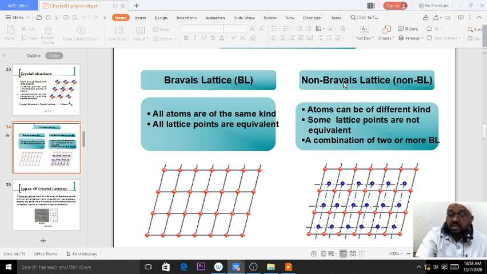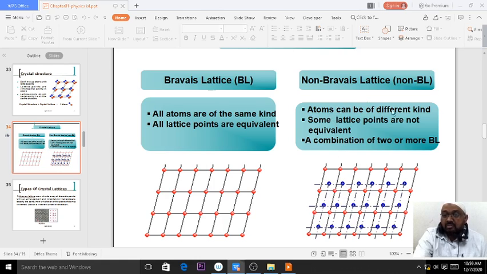So what are non-Bravais lattices? This case is not valid for every solid material, so there may be some different aspects also. Here the atoms can be of a different kind. These atoms are arranged in an ideal manner, but again there is a possibility that you may have another lattice point or atoms which are not in a periodic manner.